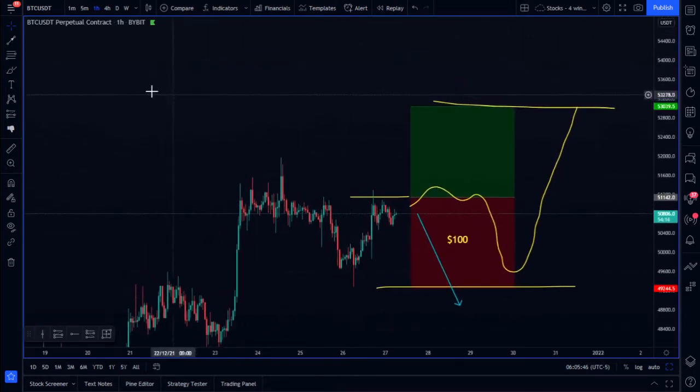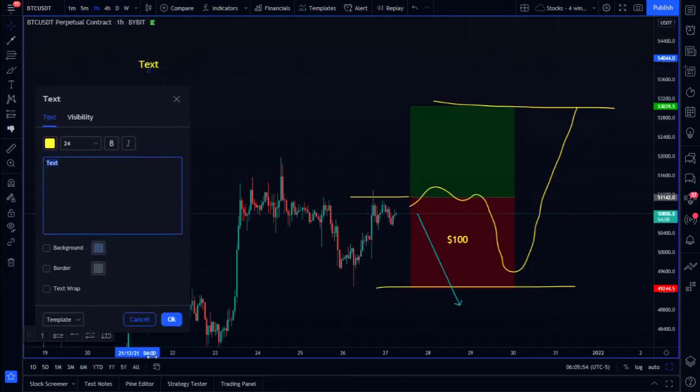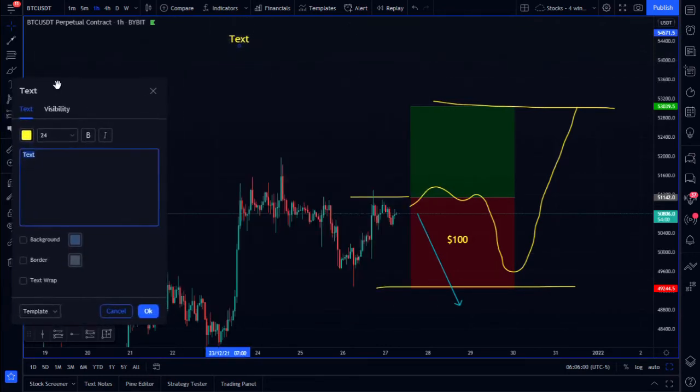Well, the formula is actually pretty simple, but let's go through it. I mean, that's why you're here, right? Okay, let's move this over here so we can see it. Alright, so the formula is lot size equals risk divided by gap.